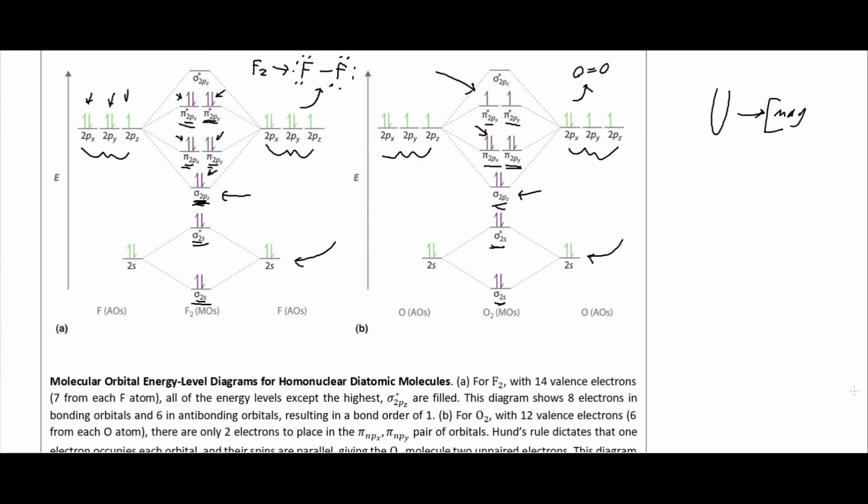Then in the video after that, I'm going to talk about heteronuclear diatomic molecules, which are things where you have atoms of 2 different kinds. Then I'll get into some larger molecules, things like carbon dioxide and water, and we'll see that we have to do something a bit different for those in molecular orbital theory.